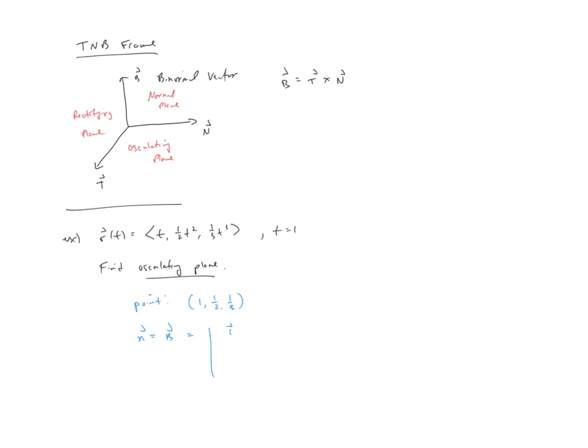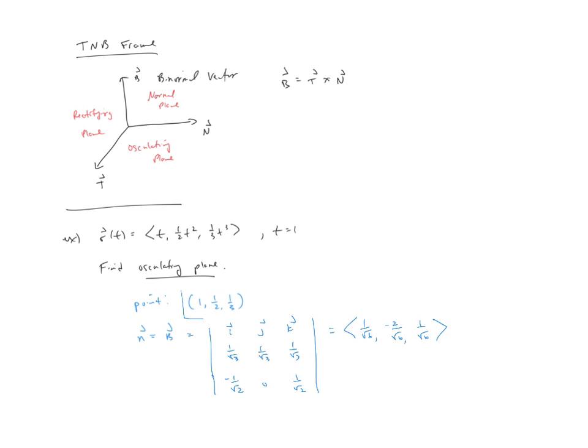That's going to be the i, the j, and the k. And from the previous problem, the unit tangent was 1 over root 3, 1 over root 3, 1 over root 3. The unit normal was negative 1 over root 2, 0, positive 1 over root 2. And when you cross that, you end up with the vector 1 over root 6, negative 2 over root 6, and 1 over root 6.